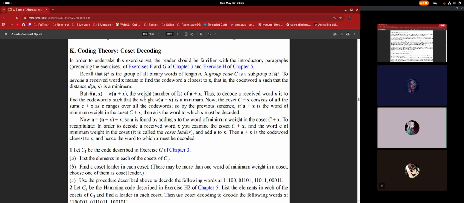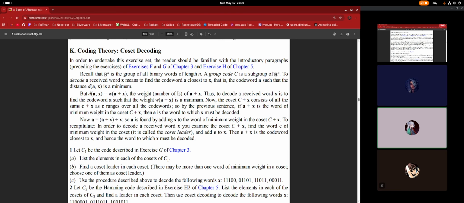The subgroup in this case is all the codes that are actually valid, and we want to be able to go from one to the other. No, so A is a candidate, and A is the decoding that you actually want to get from X. No, A is the candidate because we don't know if A is the best one. That's why we are using distance to find what is the best A for it.